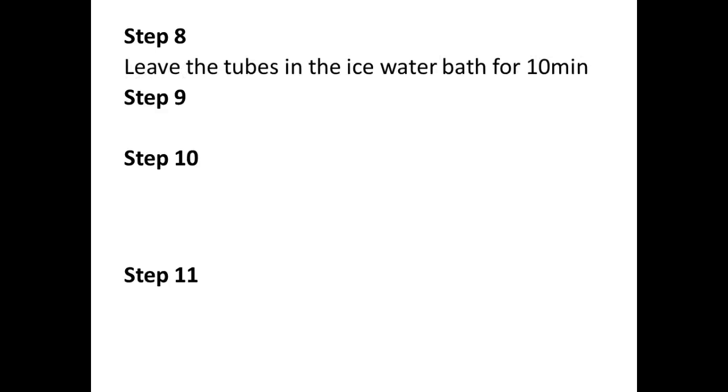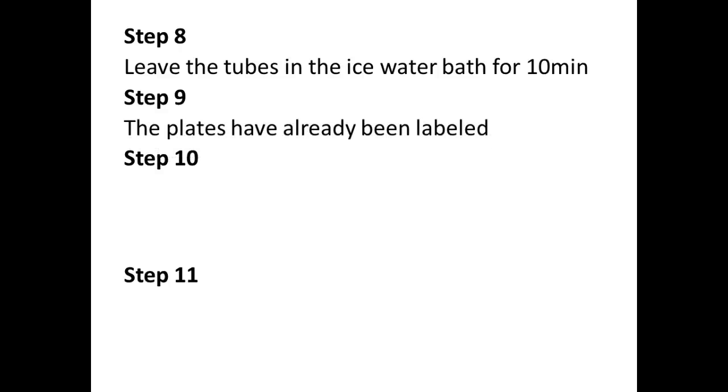So step 8, we're going to leave the tubes in ice for 10 minutes. Okay? And then you're going to transfer them, and we're going to bring our whole tray back to the water bath back there. At step 9, it tells you to label your plates, but we've already labeled your plates for you, partly because some of the plates contain different ingredients, and it's just easier for me to label them ahead of time and keep them straight.